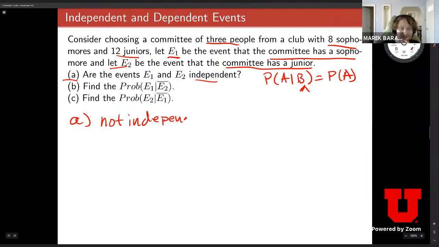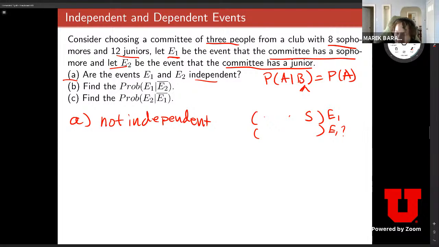And the reason why is, suppose I told you that my committee has one sophomore on it. This is the case where E1 happened and the rest is unknown. I can have a junior here or a junior here, or sophomores. I can have a junior here, or a junior here.